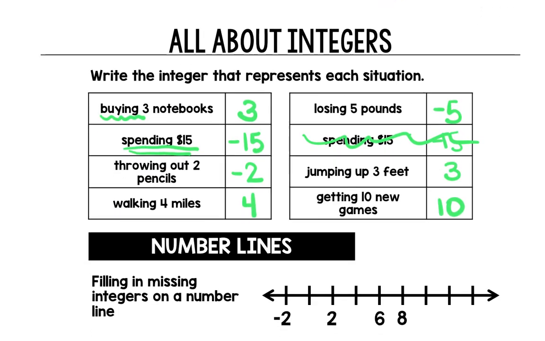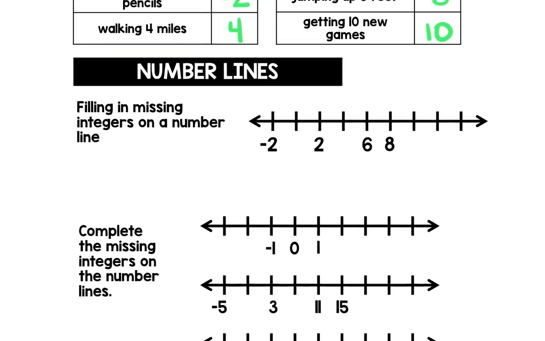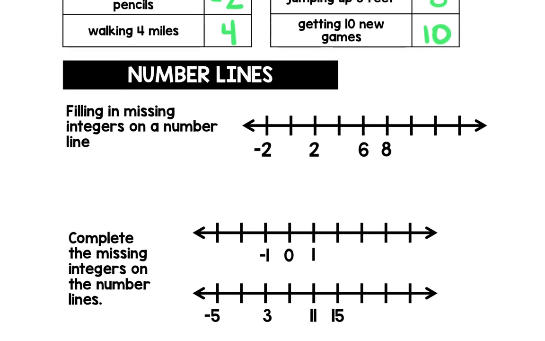Okay, moving on. This is just a challenge to see how you can relate numbers on a number line, positive and the negatives. So what we're going to do is fill in the missing integers on a number line. Number lines aren't always going to go up by ones. The first number line that we did went 1, 2, 3, 4. Sometimes number lines will go by different intervals. For example, if we look at this one right here, we have -2 and +2.